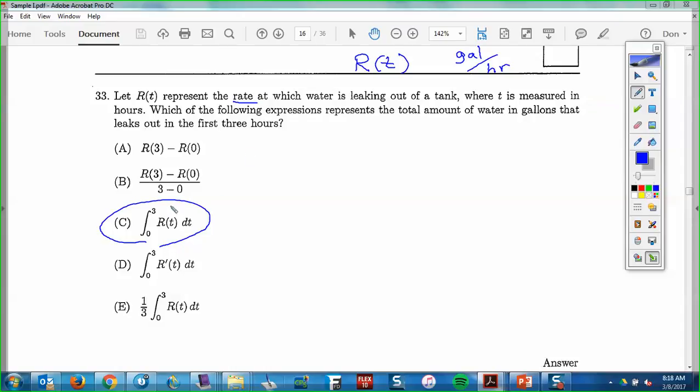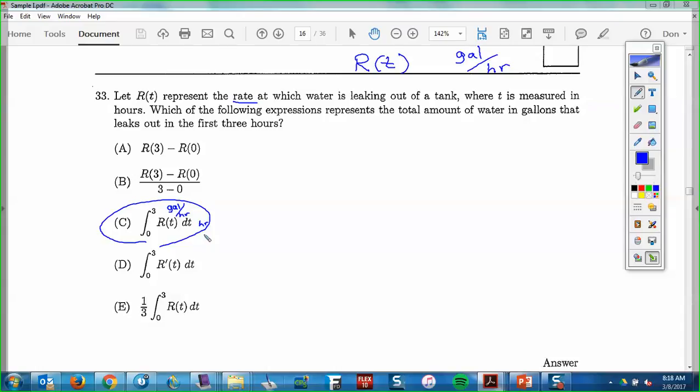Because this would be gallons per hour. The DT would be hours, gallons per hour times hour. Now we said that was net, but it's leaking out. We're going to make that assumption. Remember we said as long as the car is going one direction, the net distance is the same as the total distance. So therefore, it'd be the same thing here.